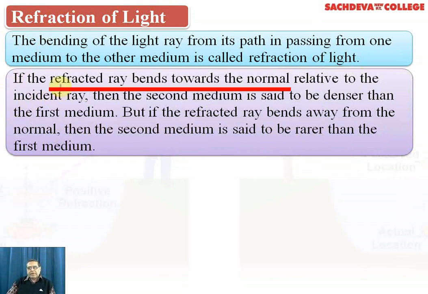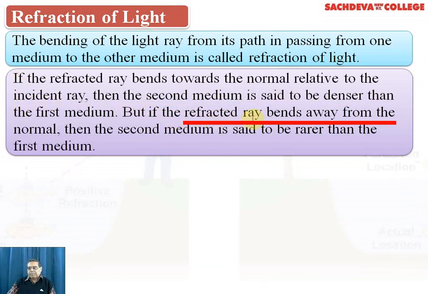If refracted ray bends towards the normal relative to incident ray, then the second medium is supposed to be denser than the first medium. But if the refracted ray bends away from the normal, then second medium is said to be rarer than the first medium.